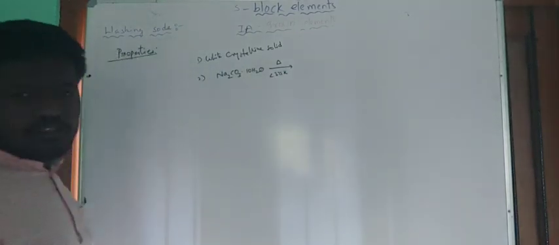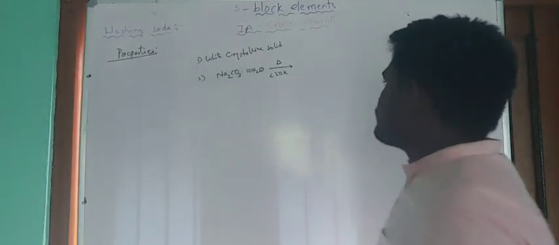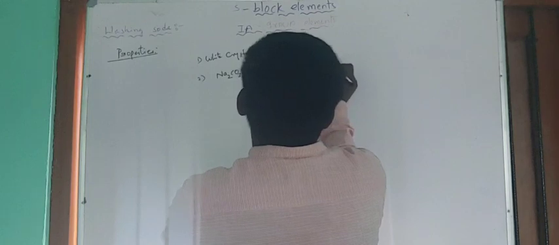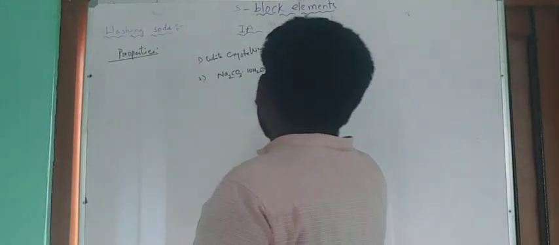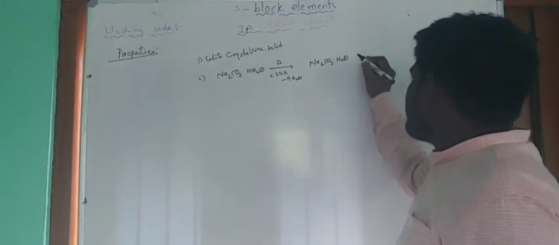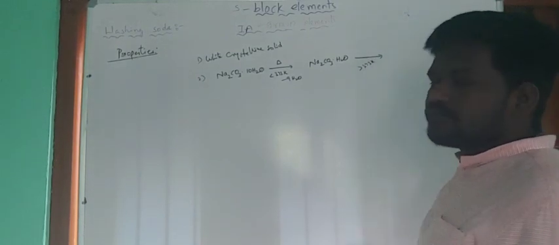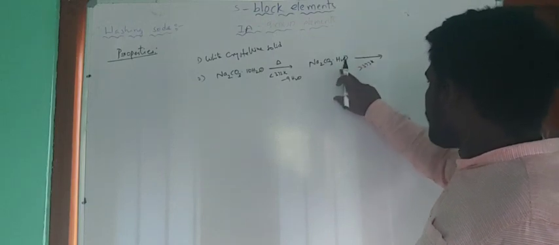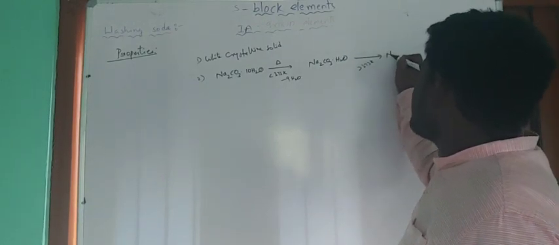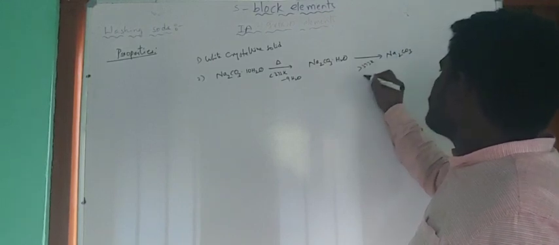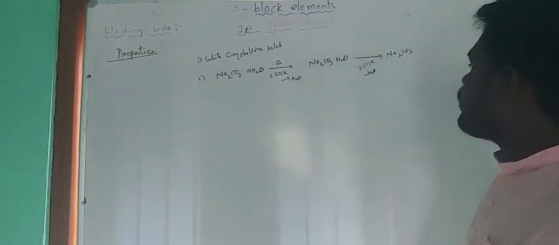Upon heating to less than 373 kelvins, dehydration takes place and 9 water molecules are removed, so you get Na2CO3.H2O. Next, when you heat it strongly, greater than 373 kelvins, further dehydration takes place and gives us Na2CO3, as the one remaining water molecule is also removed.